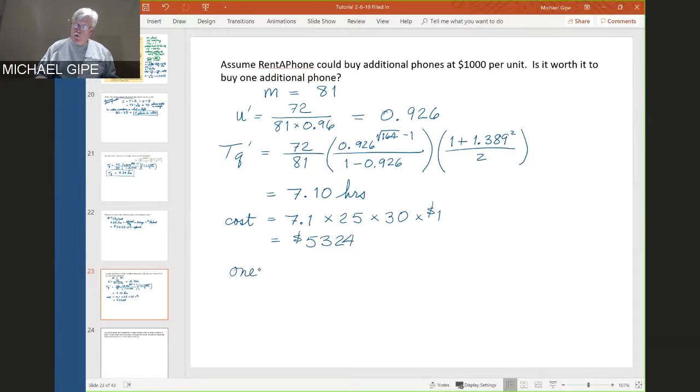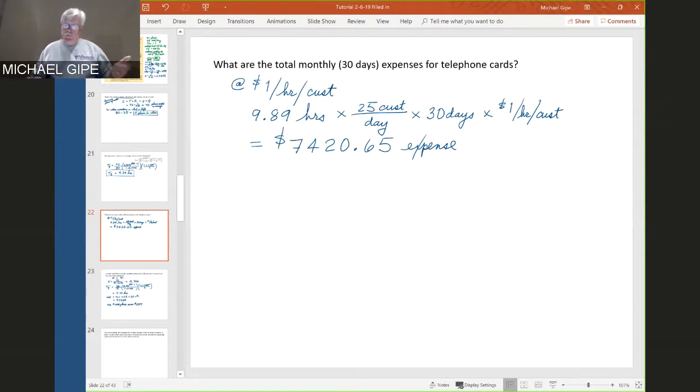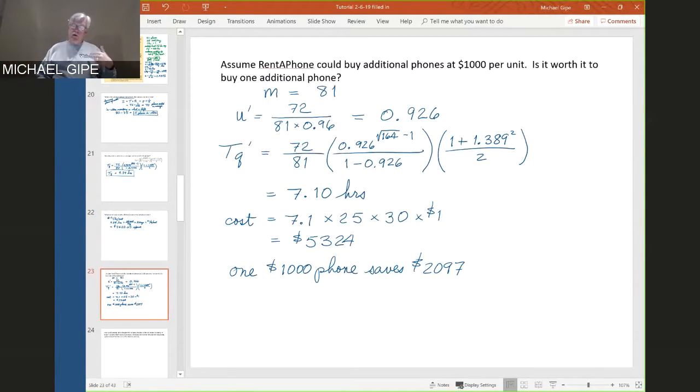So basically, a $1,000 phone saves $2,097. From $7,420, we reduced that down to $5,324. That's a savings of $2,097. So yes, buy at least one new phone.